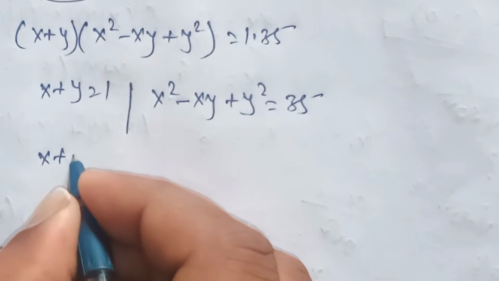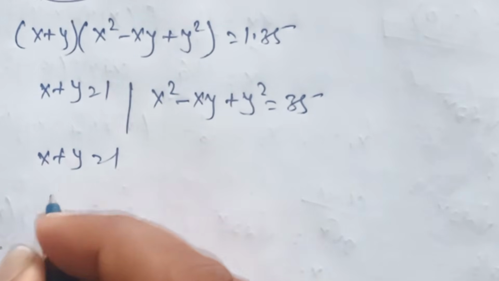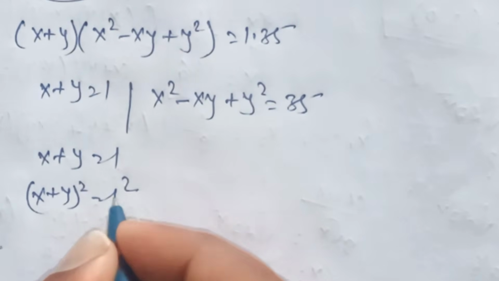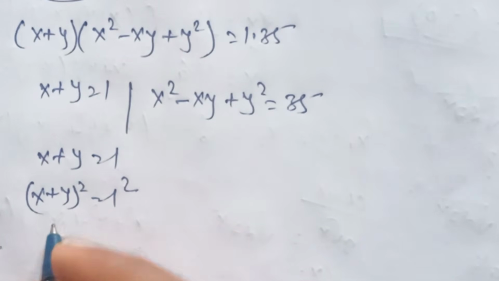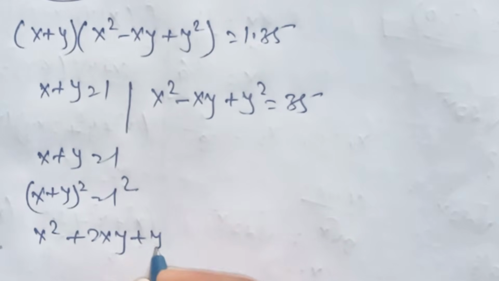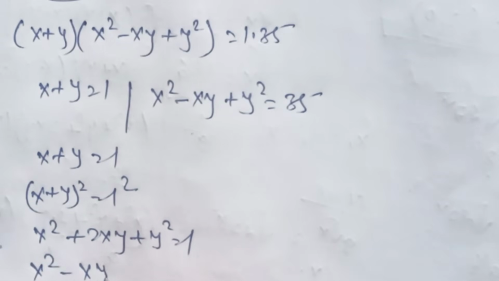Now x plus y is equal to 1, squaring both sides: (x plus y) whole square is equal to 1 square. This is in the form of x square plus 2xy plus y square is equal to 1. Here x square minus xy plus y square is equal to 35.